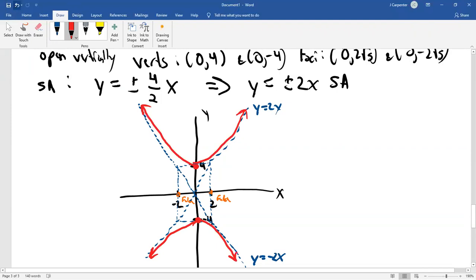I can probably do a little better than that. I'm going to try one more. There we go. And there's our graph. There is everything we need to know about the hyperbola.